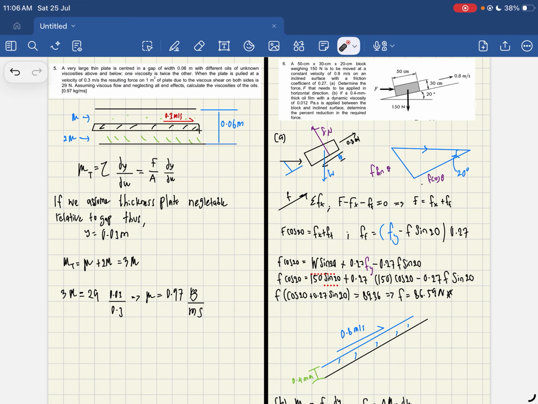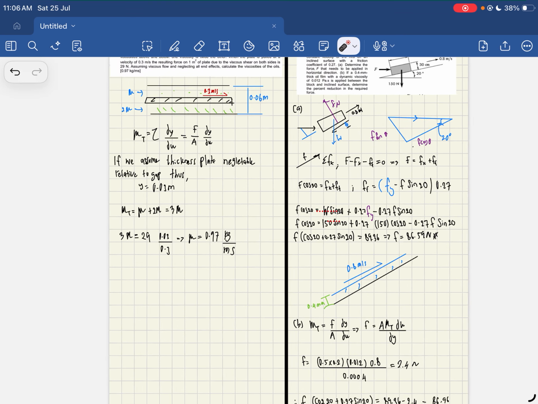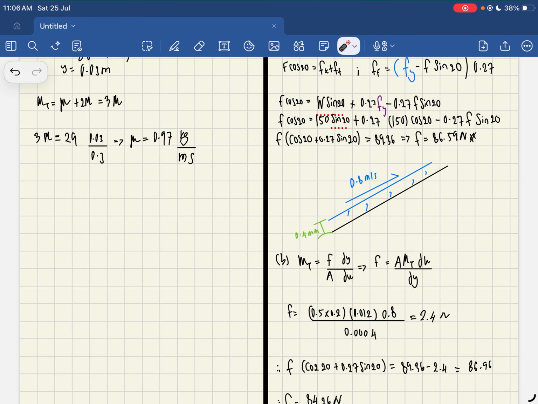Part B: the oil has a thickness of 0.4 millimeter and a dynamic viscosity of 0.012. Determine the percent reduction in the required force. So we need to find out the friction force that is applied due to the fluid itself.